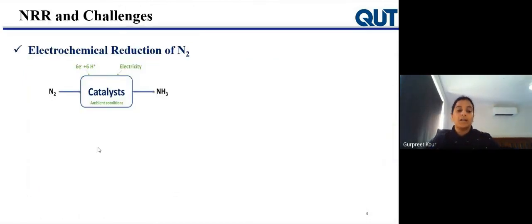One alternative is the electrochemical reduction of nitrogen. It has certain advantages, like this process can take place at normal conditions of temperature and pressure. And here the electrocatalysts play a very important role in converting nitrogen to ammonia. The electricity can be obtained from various renewable energy resources.